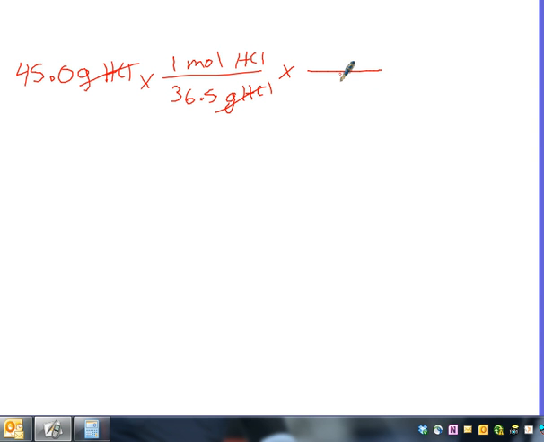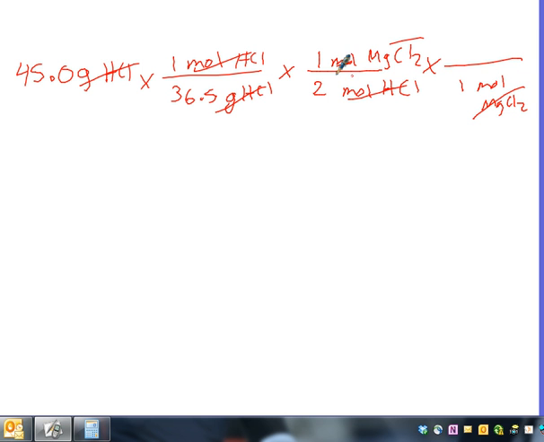Okay, now we need to use the mole ratio. So I put 1 mole of MgCl2 on top for every 2 moles of HCl. That cancels out, and I have to multiply by the mass of MgCl2. So we put 1 mole of MgCl2 on the bottom. That cancels out.